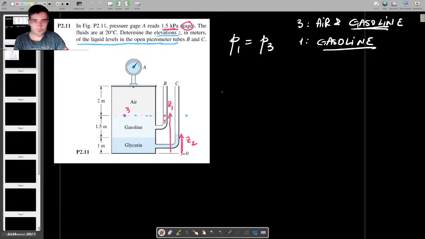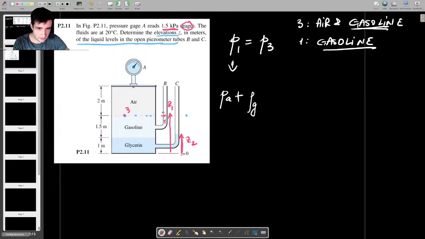So let's try to write things down in terms of those heights. The pressure at 1 is based on the atmospheric pressure. We're going to look at what liquids are on top of point 1. So we have the atmosphere, which is Pa, plus this tiny bit of fluid which is gasoline, and that small column of gasoline is also creating pressure.